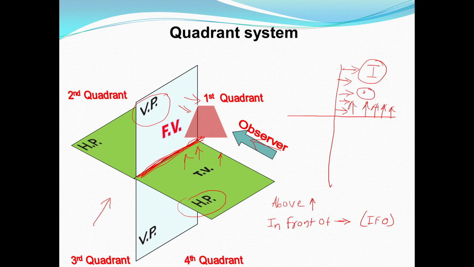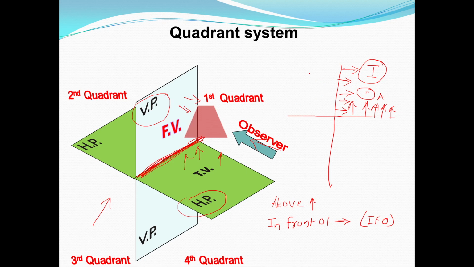So this is the position of point A. The object is in the first quadrant means its position is above the horizontal plane and in front of the vertical plane.